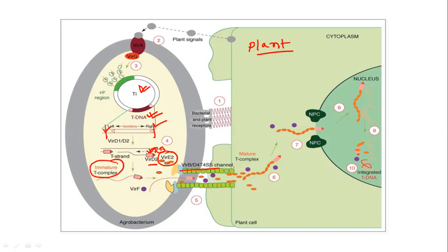These are pore or pillar-like structures induced by VB, forming the tDNA transfer complex, as well as the conjugation tube by VB. Now here the T complex enters. After entry, these are the nuclear pore complex, and this is the nucleus.